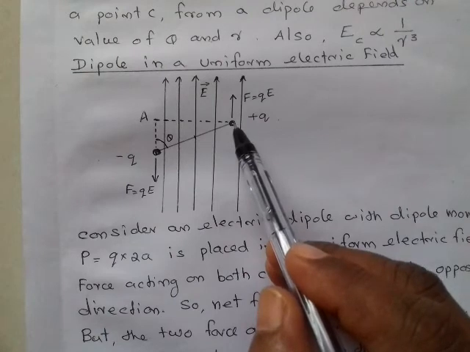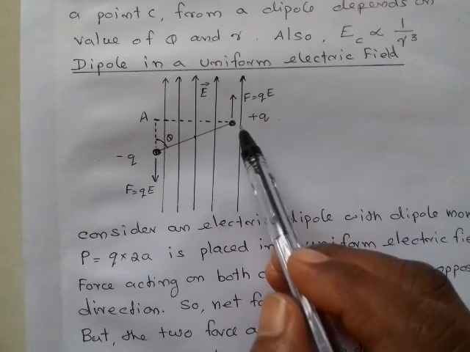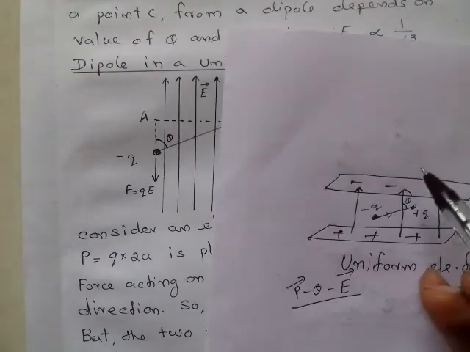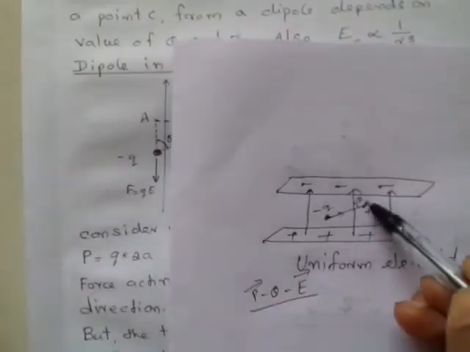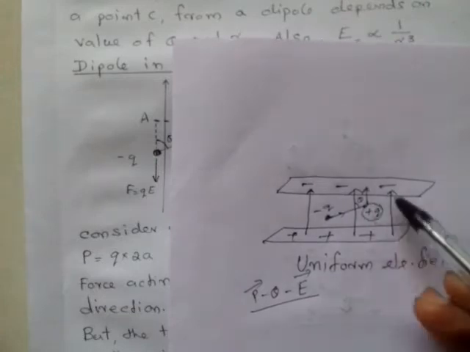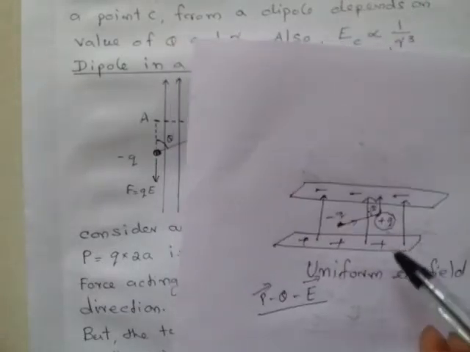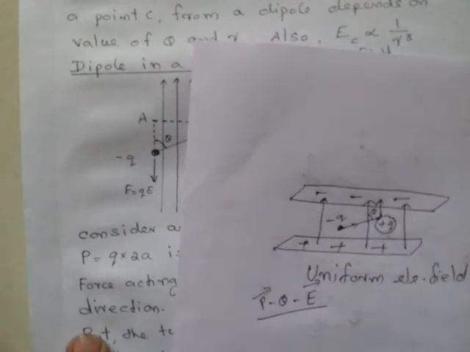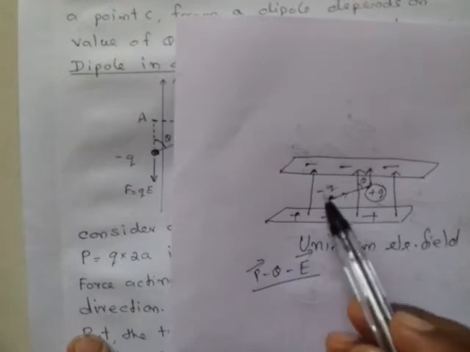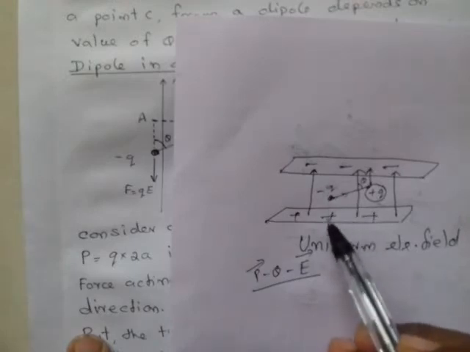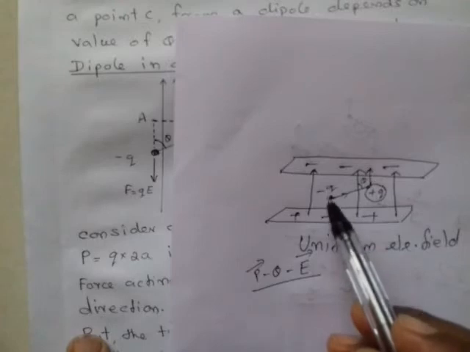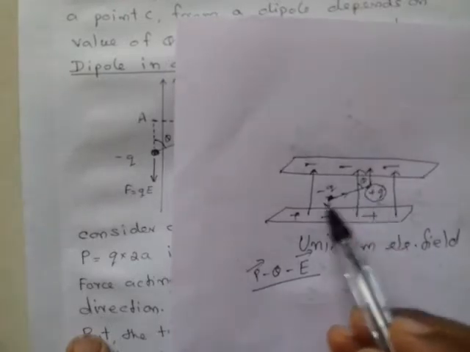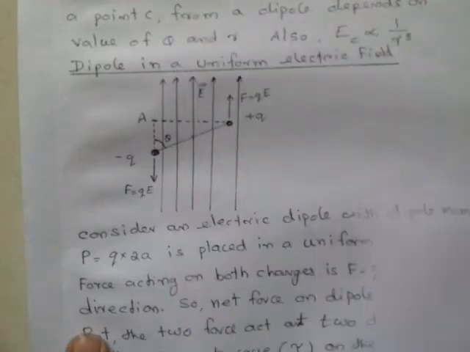The plus q charge is acted upon by an upward force. Why? This positive charge will be attracted to the negative plate, right? So plus q charge will be acted upon by a force of attraction in the up direction, whereas minus q charge will have a force in the down direction, being attracted towards the positive plate.